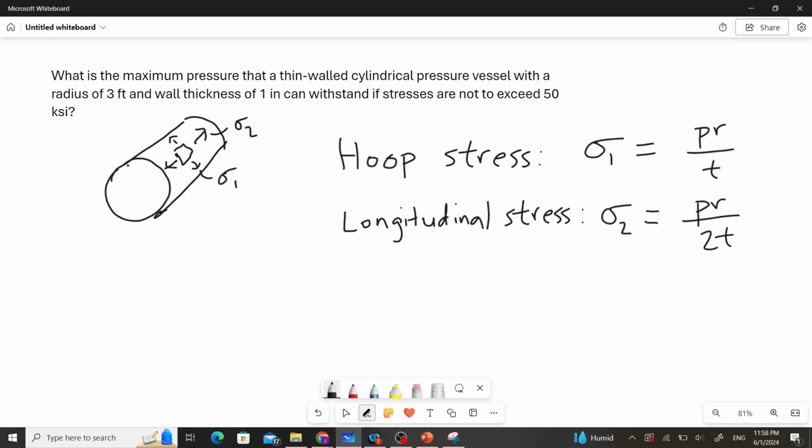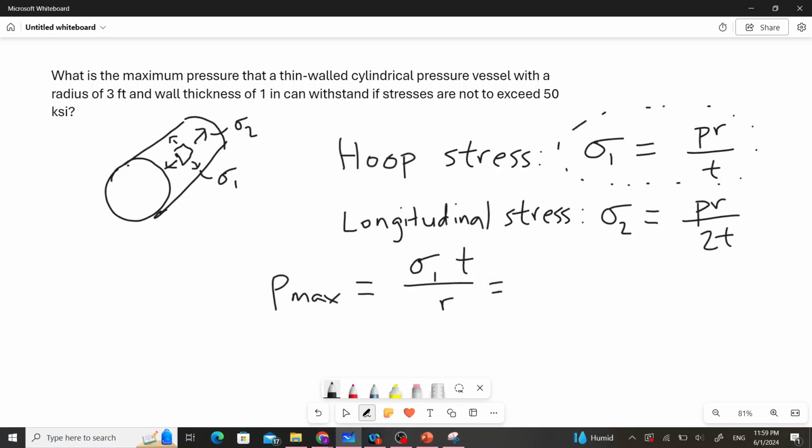What we're going to do is rearrange this hoop stress equation to solve for pressure. We're going to call pressure P max since we're solving for a maximum pressure. So P max is equal to sigma 1 times T divided by R.